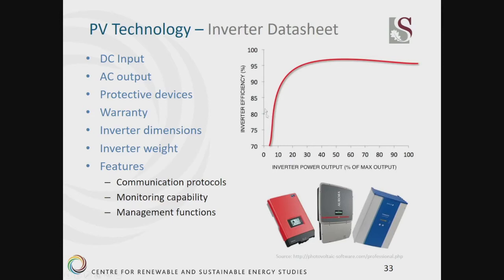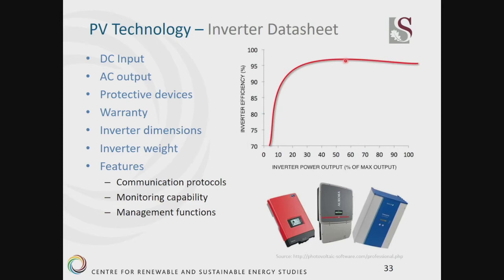On the right here, we have a typical inverter efficiency curve, and on the data sheet, they will probably not give you this curve, but they will give the highest value of this curve, which will be sitting around 97%. At lower powers, the inverters will be less efficient, and at very high powers, up to 100% of rated, it might also decrease a little bit.